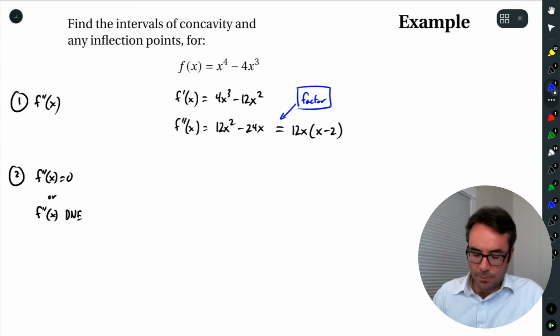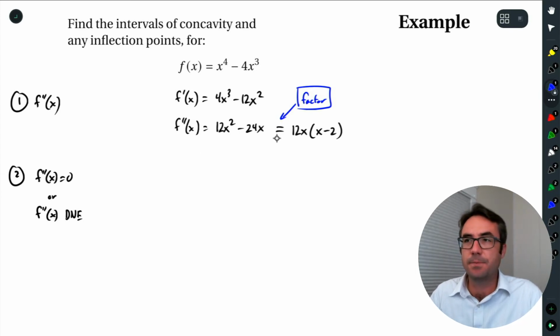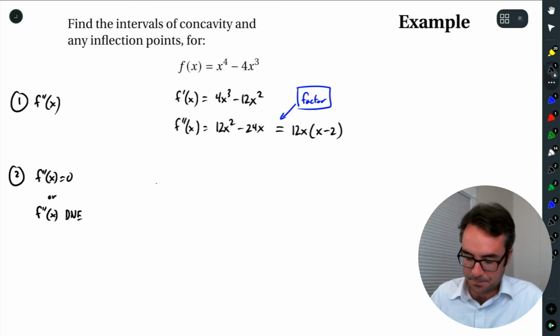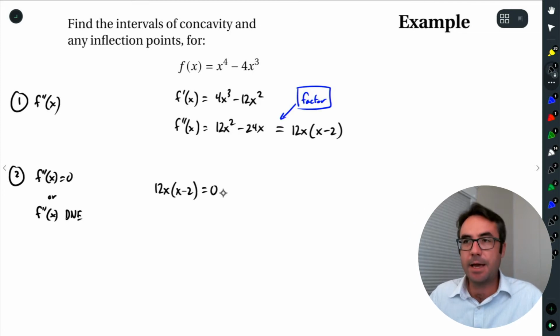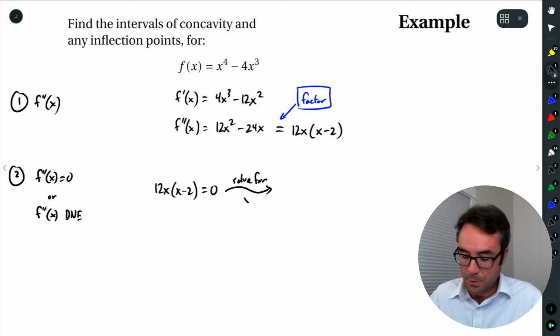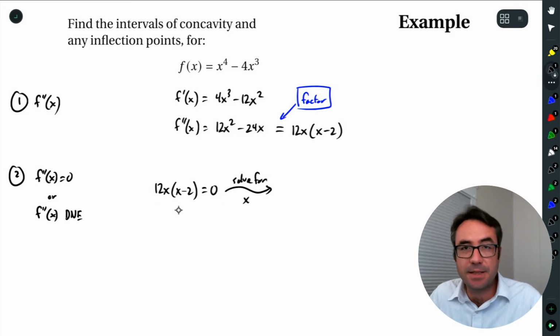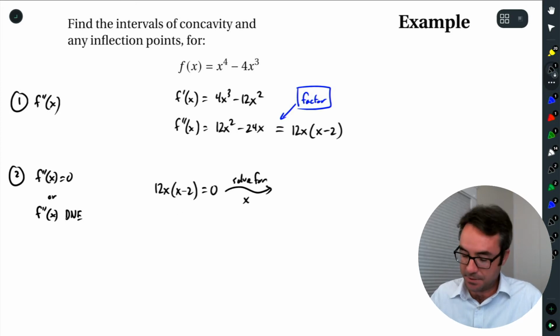All right, so now we want to look at where the second derivative is 0. So we're going to take this function that we have, and we're going to set it equal to 0. And we're going to solve this for x. And because this is already factored, what we can do is take each of these individual factors and set them equal to 0 and solve for x. So we get 12x equal to 0 and x minus 2 equal to 0.